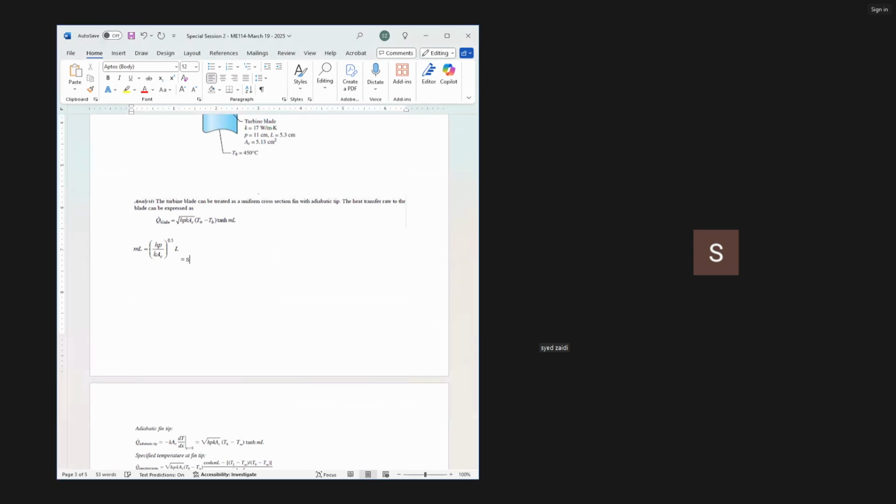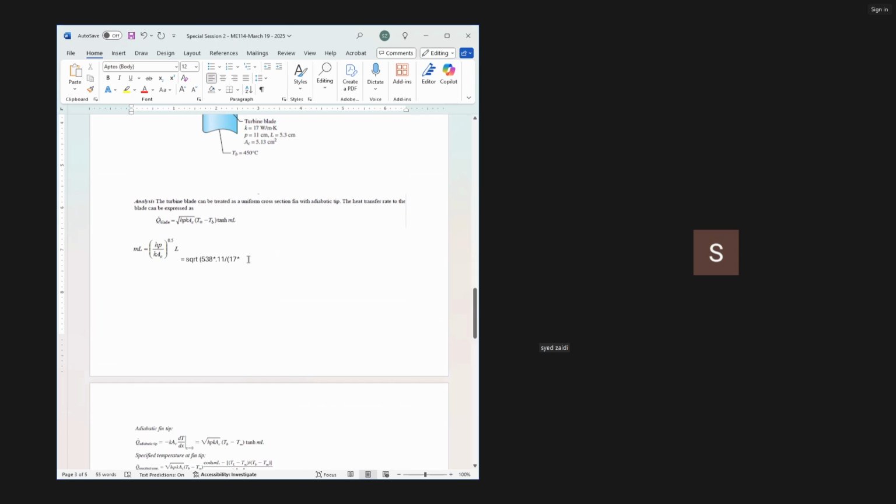So it will be square root, and you write the value of HP over KAC. So it is 538 HP. Perimeter is given, 0.11 because it is centimeters. So perimeter is given here. P is equal to 11 centimeter divided by K, which was a small value 17 watts per meter C, multiplied by, and this is in the denominator, so we put another bracket here, divided by AC.